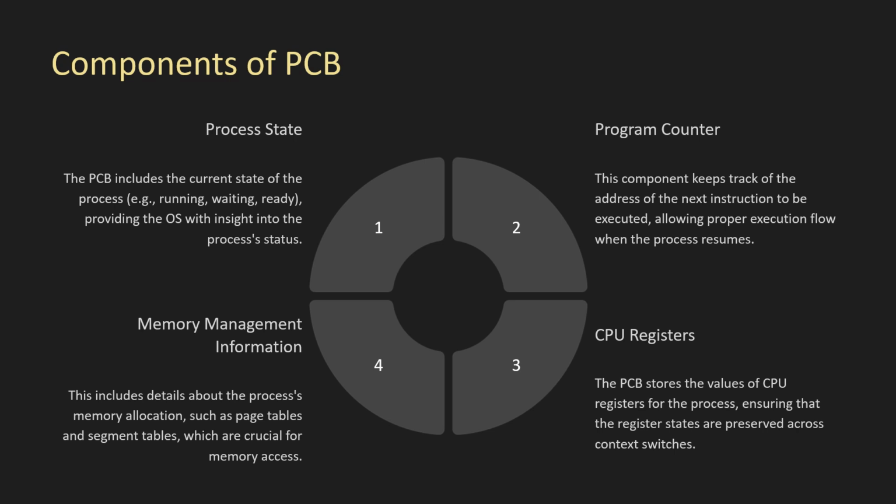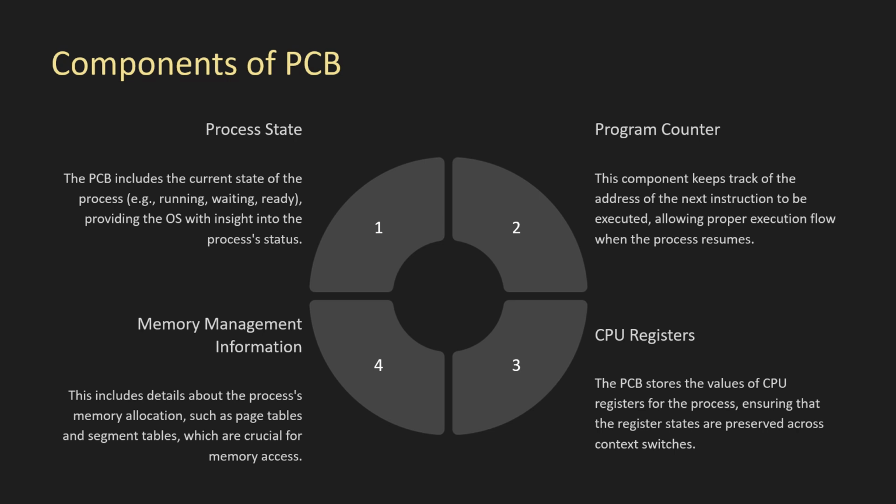This component keeps track of the address of the next instruction to be executed, allowing proper execution flow when the process resumes. Number three, CPU registers. The PCB stores the values of CPU registers for the process, ensuring that the register states are preserved across context switches.